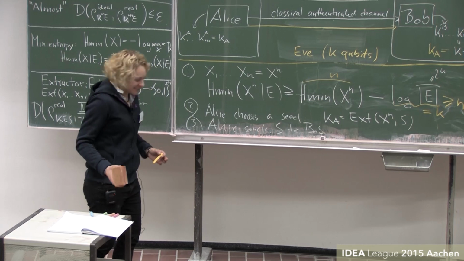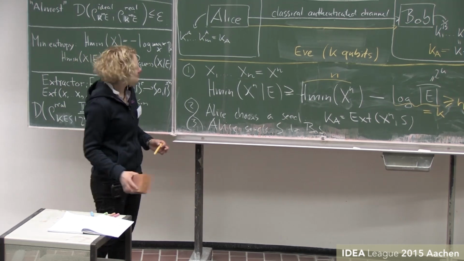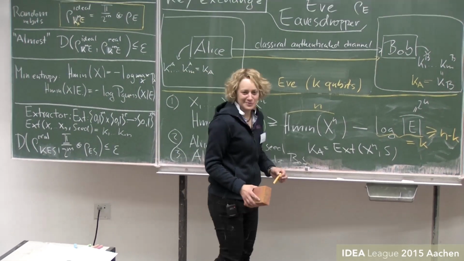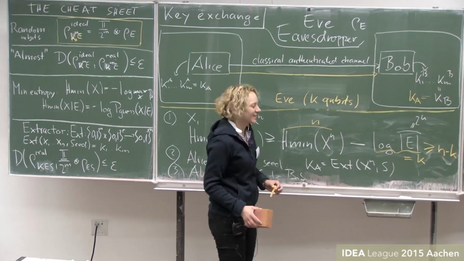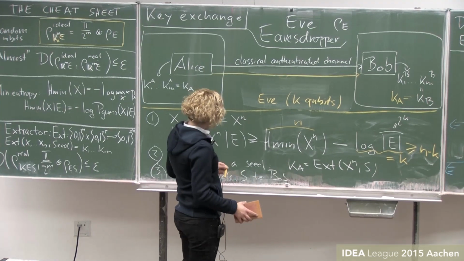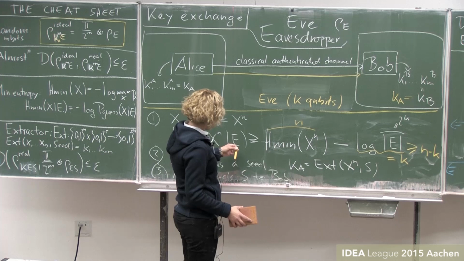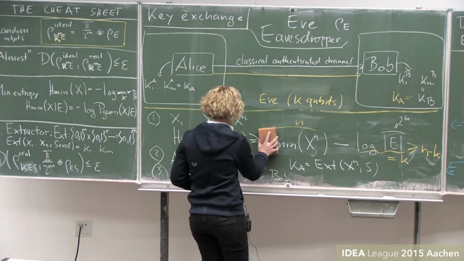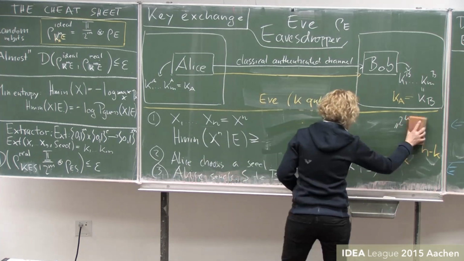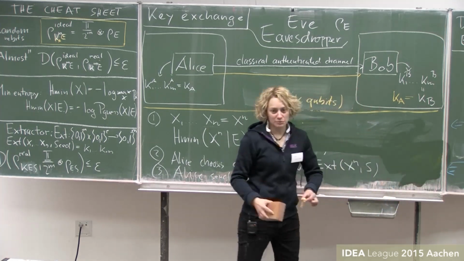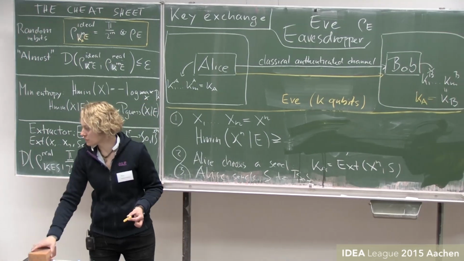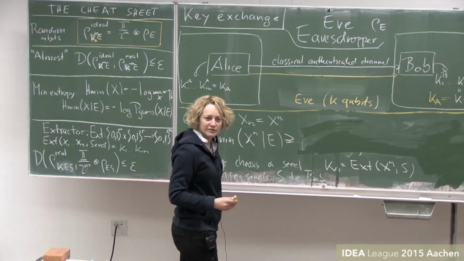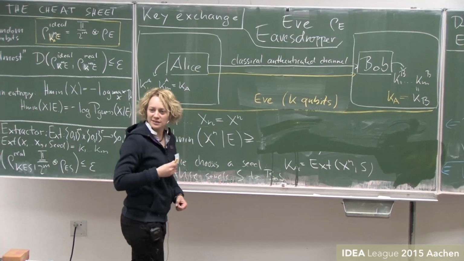As you might imagine, my next task is going to make this situation slightly more complicated. So let's imagine that we somehow know that Eve's min entropy is bounded. We've now seen a few ways how we can know that. Maybe we have some guarantees that she cannot intercept perfectly. Maybe her storage is limited. I don't know.